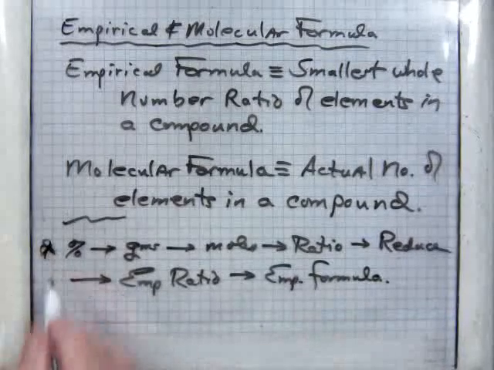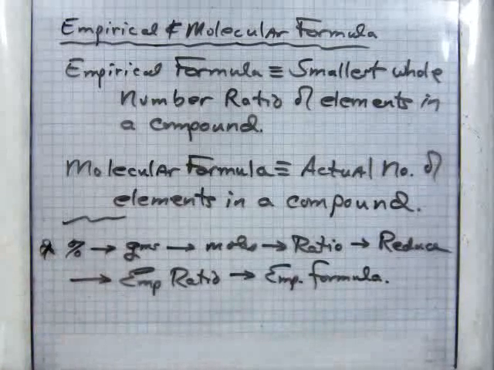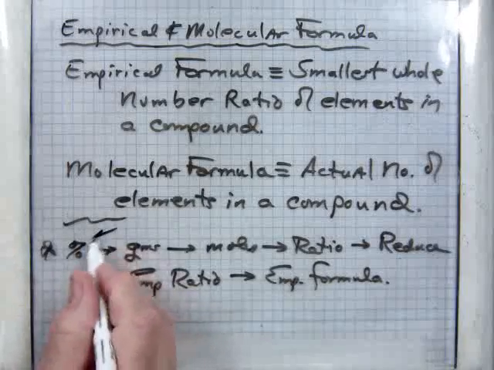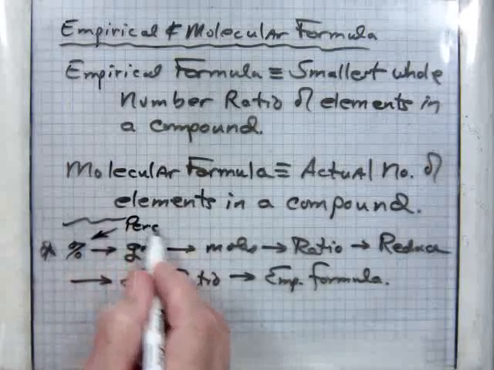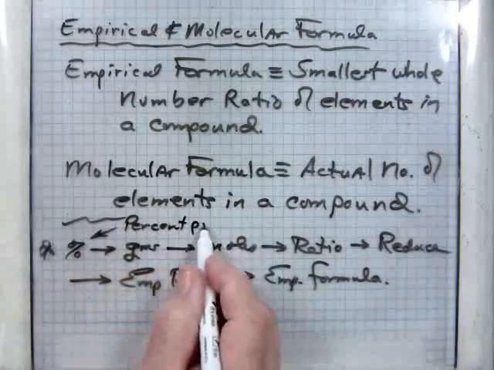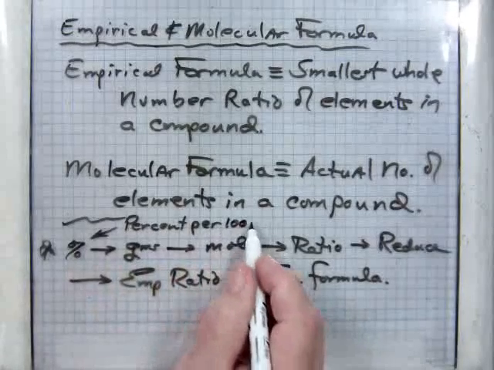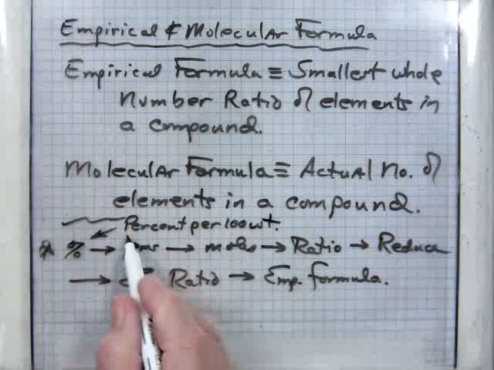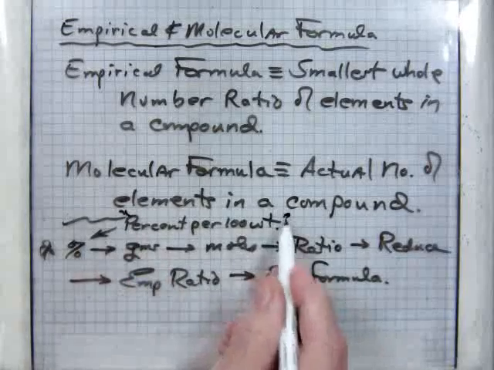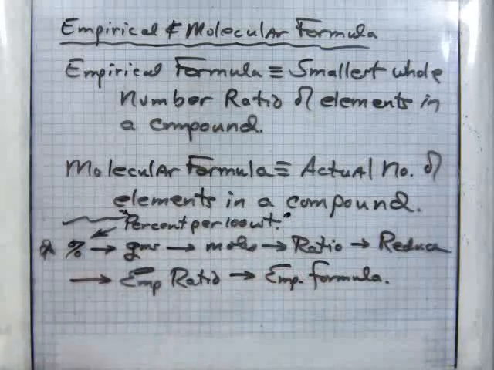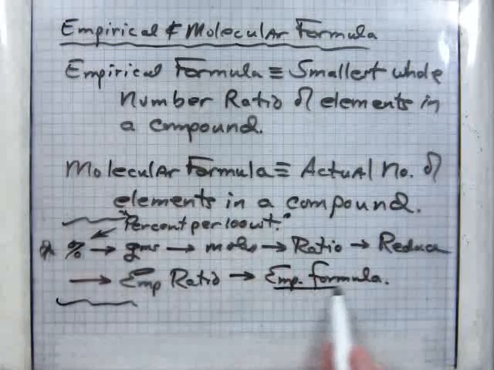So that is the calculation sequence, starting with percent per hundredweight. Now, this leads to the empirical formula.